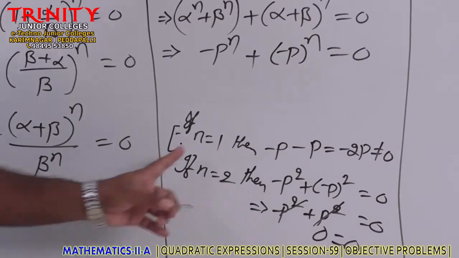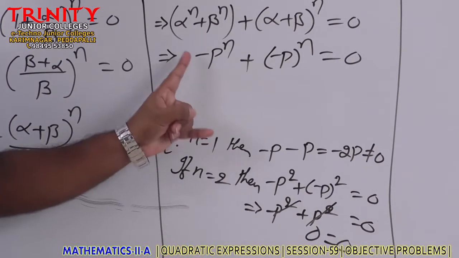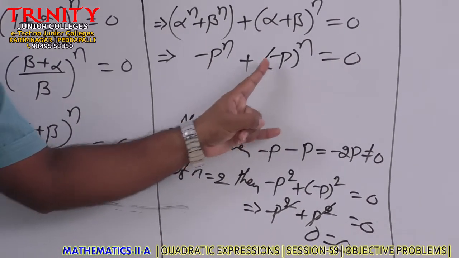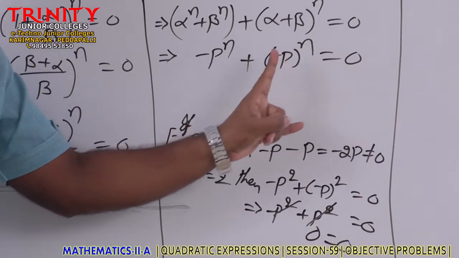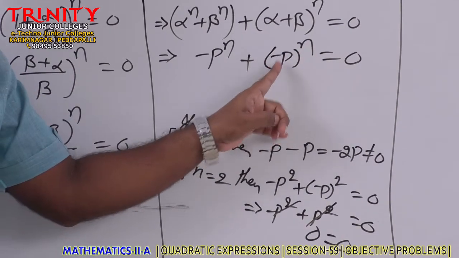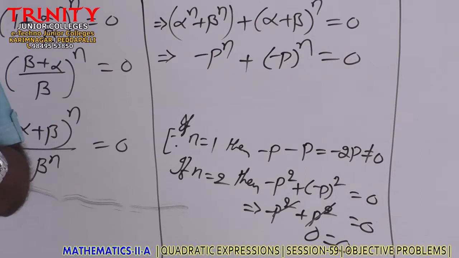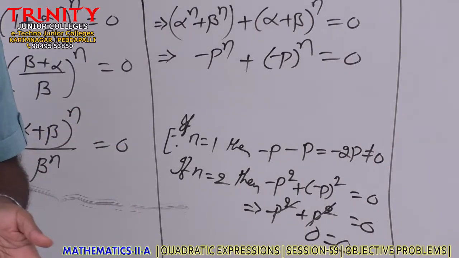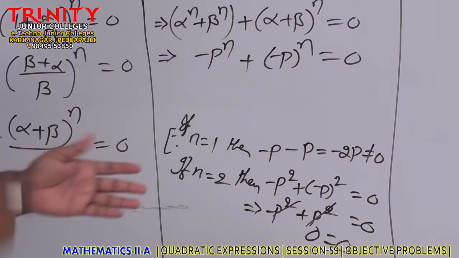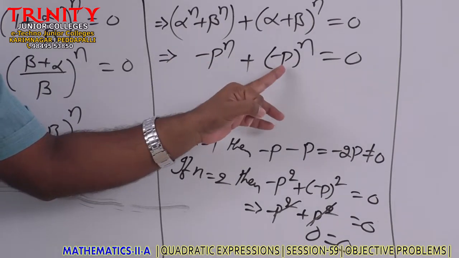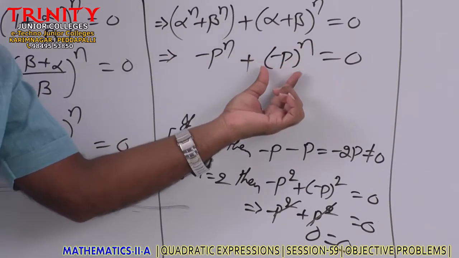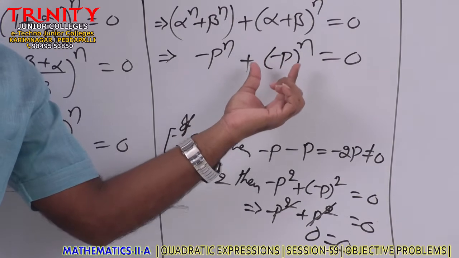You can take not only 1, you may take 3 also: minus p^3 plus (minus p)^3. (Minus p)^3 is nothing but minus p^3, so that is minus 2p^3. Is it equal to 0? No, there is no chance. If you go for n equal to 4, suppose, minus p^4 plus (minus p)^4. For an even power, it becomes positive.